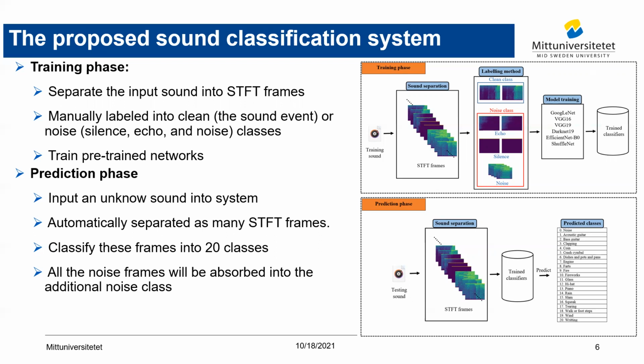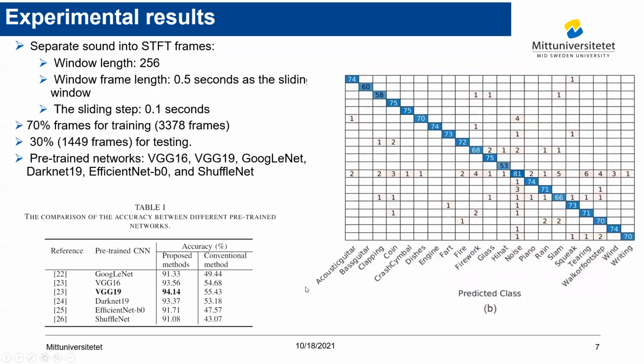We use transfer learning CNNs to classify frames of sounds. STFT frames obtained from our proposed method were divided into 70% for training and 30% for testing, using different pre-trained networks such as VGG16, VGG19, GoogLeNet, DarkNet, EfficientNet, and ShuffleNet to select the network that can give us the best classification accuracy.